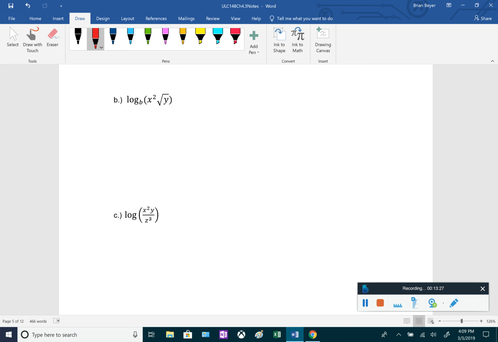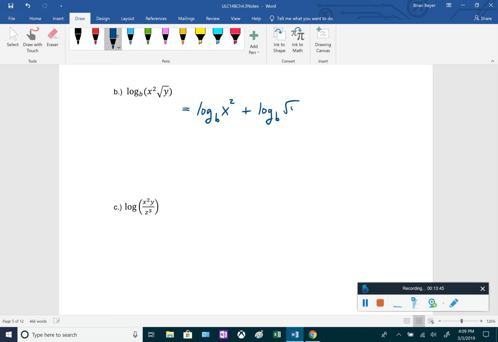Taking a look at this next one, we have log base b of x squared times the square root of y. So I'm going to rewrite this using the product rule. X squared times the square root of y, so that's going to be log base b of x squared plus log base b of the square root of y.